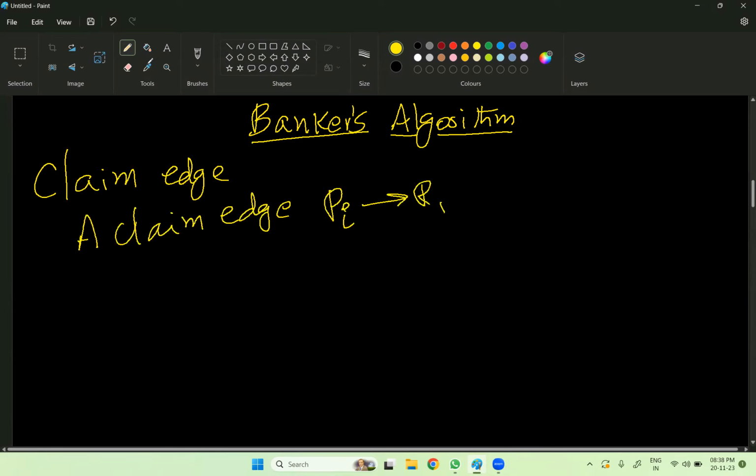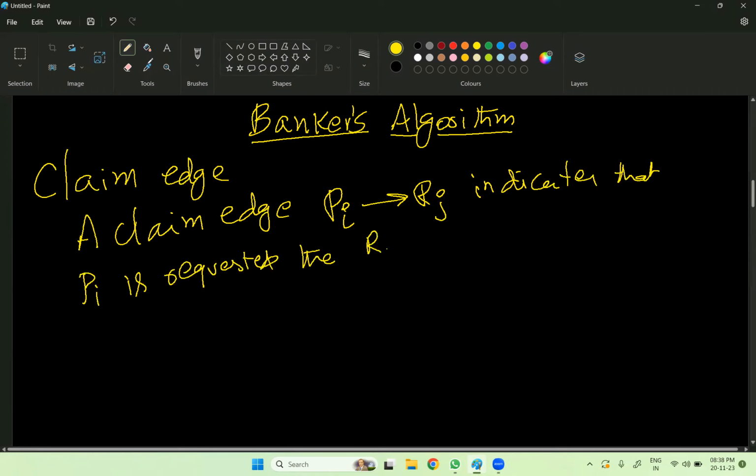Pi requesting resource type Rj indicates that the process Pi may request the resource type Rj at some time in future.